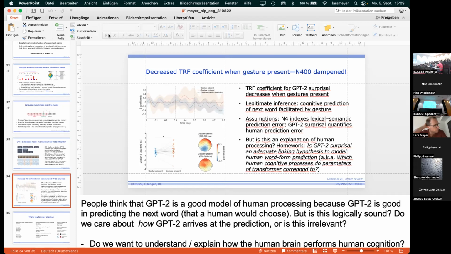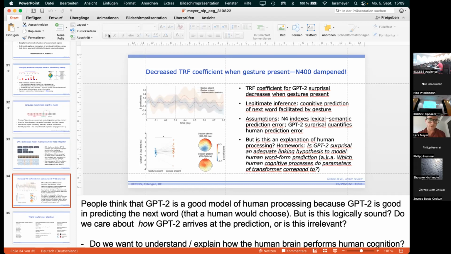For me, trying to understand how a model works is, you use the model and then afterwards you try to understand what it actually does. And I think one should at least know what it's doing in order to decide what it explains to us, like in this case for the N400. That's the one word of caution.